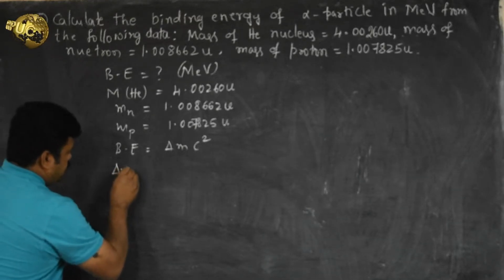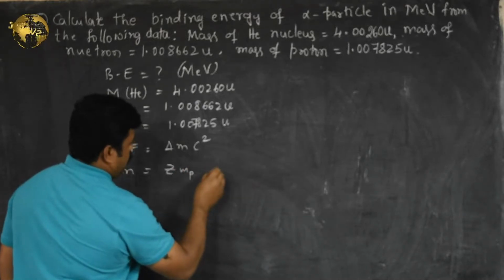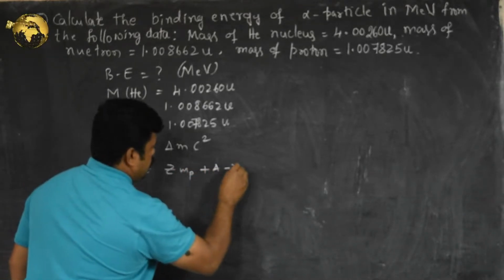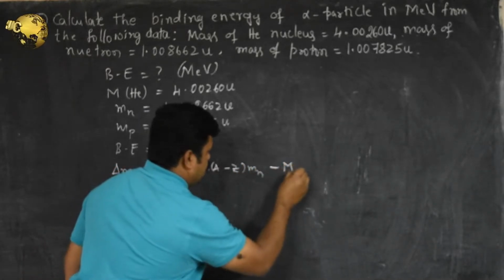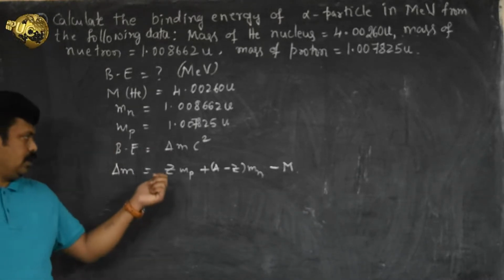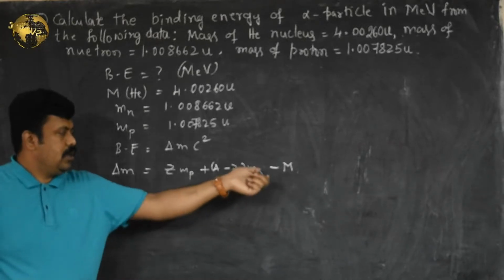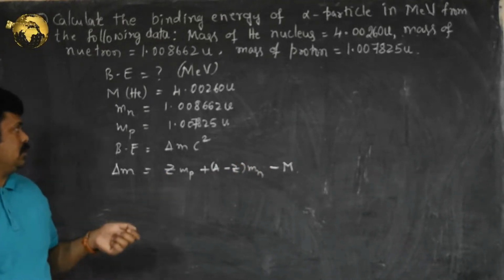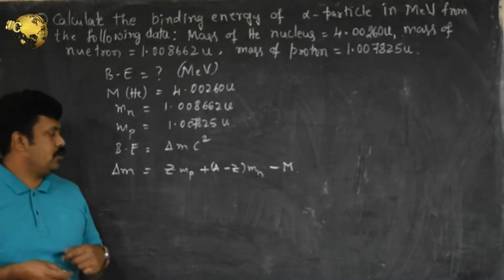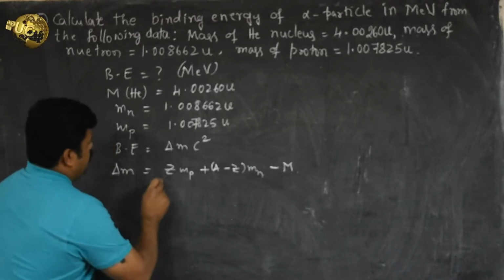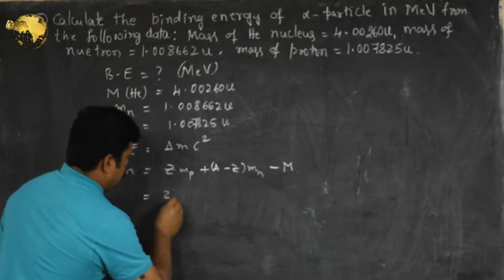So delta M is equal to Z Mp plus (A minus Z) Mn, minus the actual mass. Z Mp plus (A minus Z) Mn is the mass of the constituents, minus the actual mass, that is the alpha particle helium nucleus, 4.00260 u. So let's solve this. Z, that is the number of protons, is going to be 2.